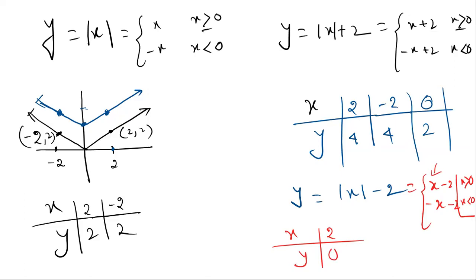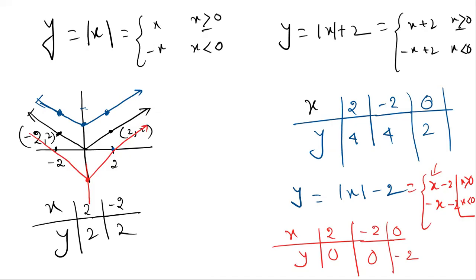Right? And for minus 2, this will also become 0. And if x is 0, this will become minus 2. So the graph will start from this point, and this will cut like this.